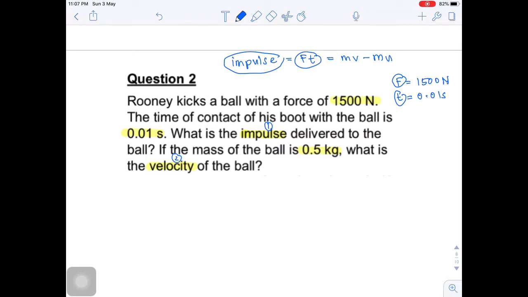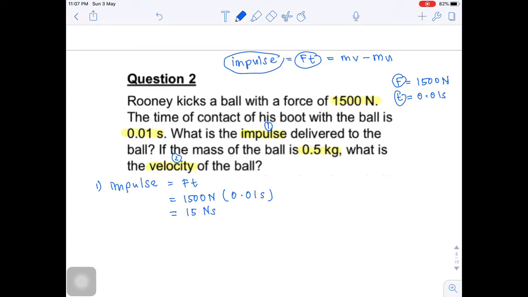So question number 1, impulse is equal to Ft. F is 1,500 Newton, t is 0.01 second. So the answer is 15 Newton second.